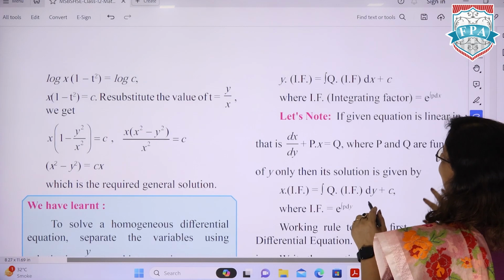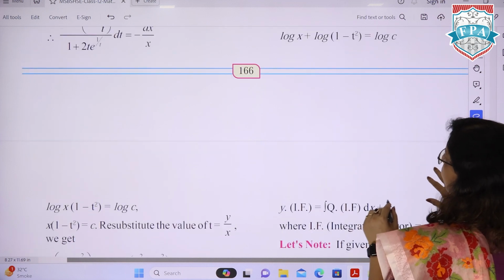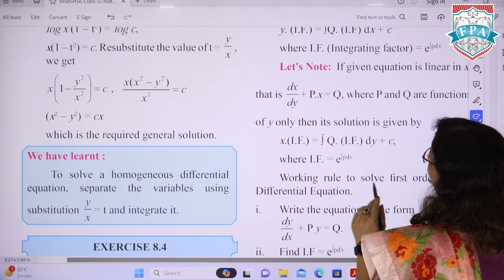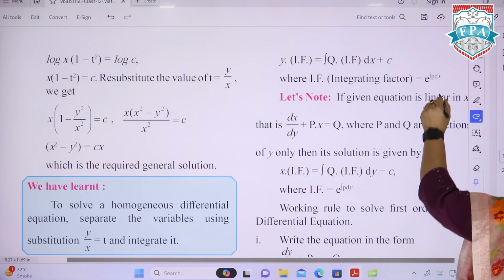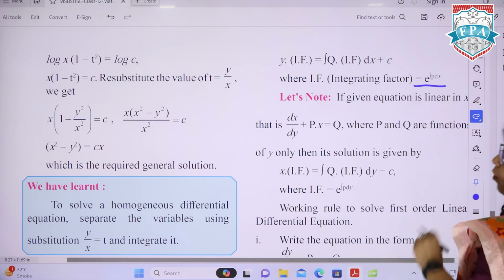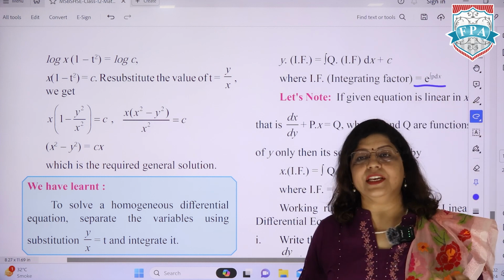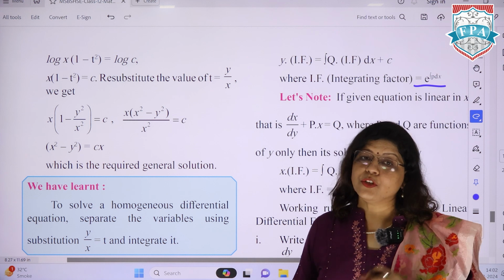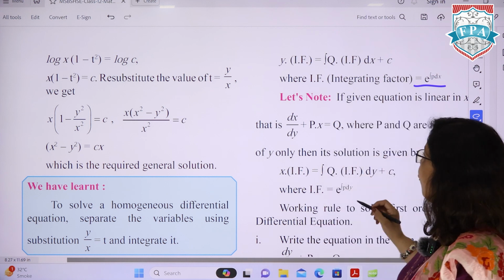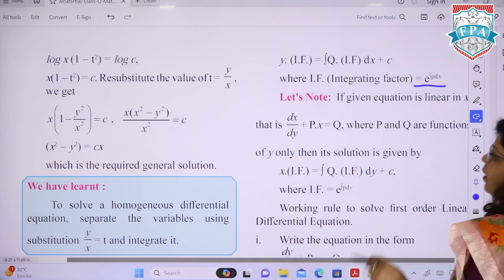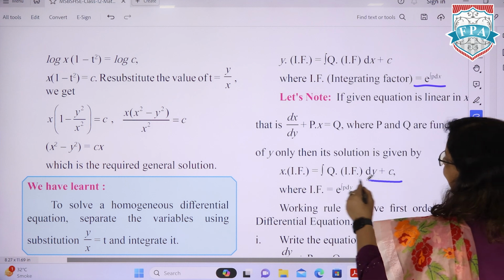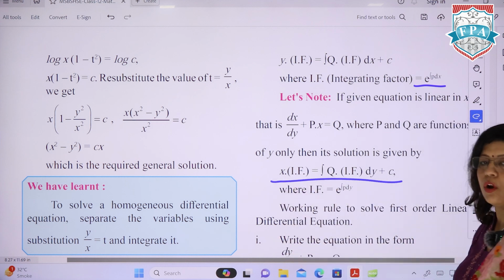Integrating factor actually is the value which we calculate by e to the power of integral p dx. Once you calculate this integrating factor, then the solution can be directly written and then we do the solving.